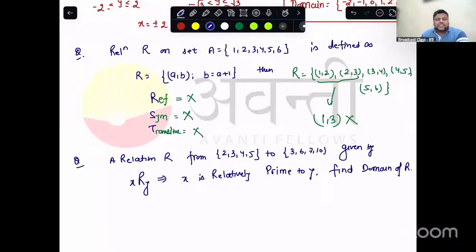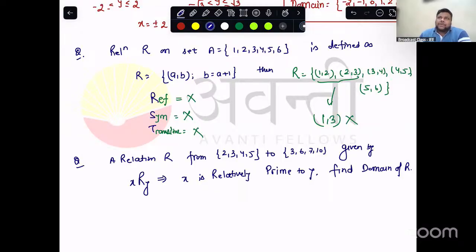I hope you understand the meaning of relatively prime. Relatively prime means their HCF is 1. They do not have any common factor. For two numbers to be relatively prime, they need not be prime. Like 6 and 11, they are relatively prime to each other.